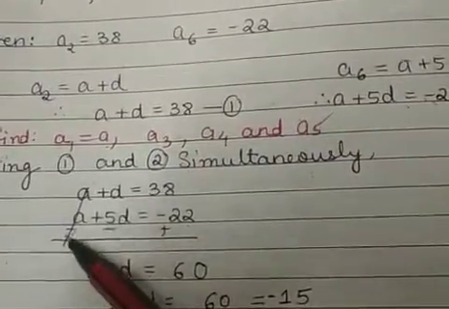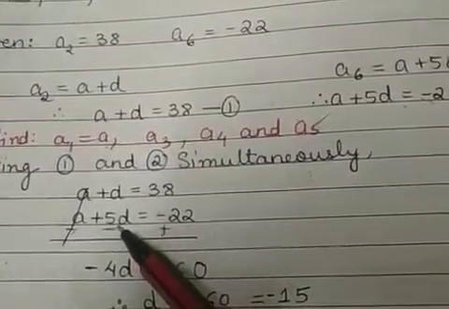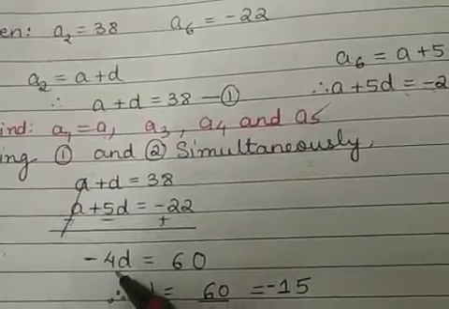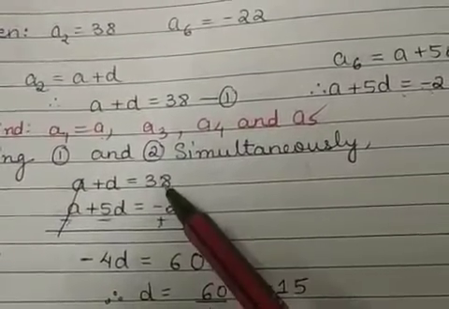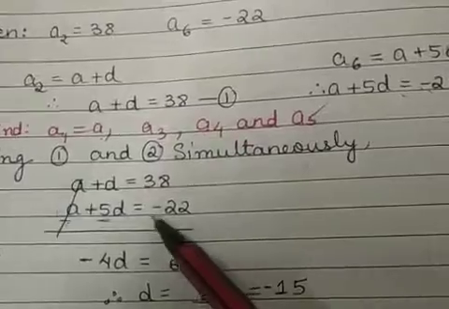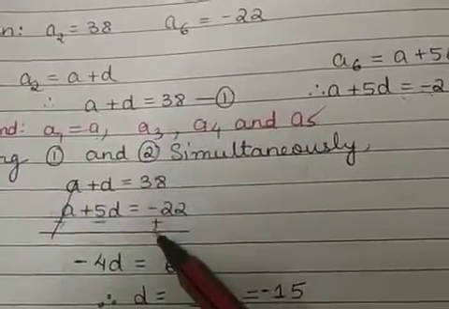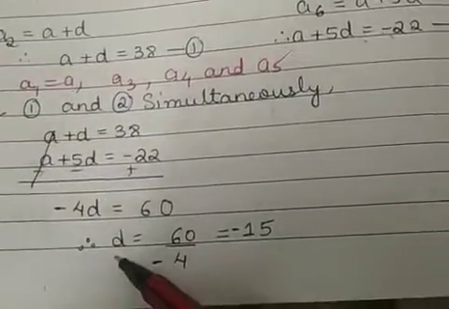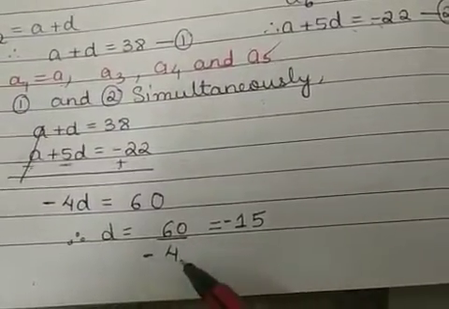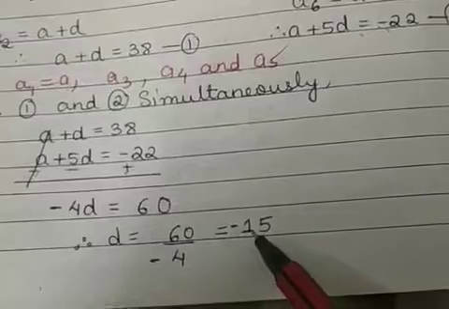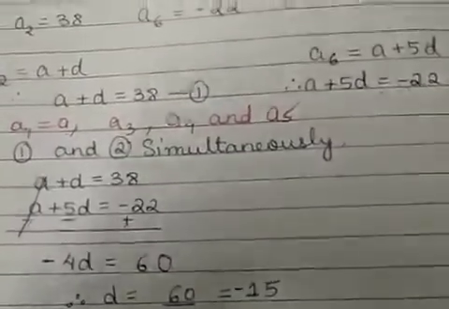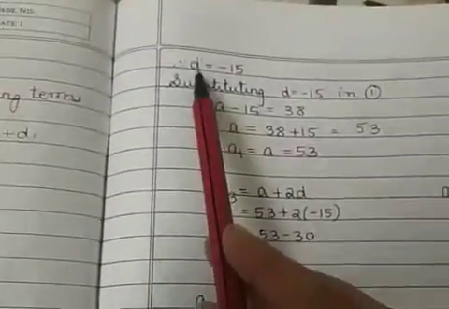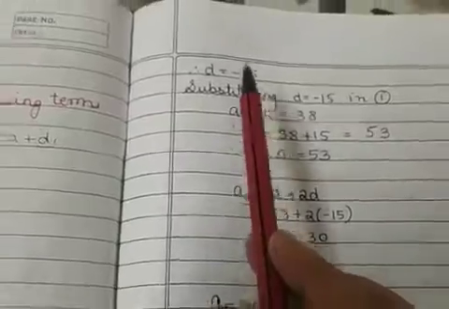So upon cancelling, I'll get plus D minus 5D, which is minus 4D. This is equal to 38, and you take the sign which is below, so 38 plus 22 is equal to 60. So what is your common difference? The common difference is 60 upon minus 4, which is equal to minus 15. So you got your common difference is equal to minus 15.